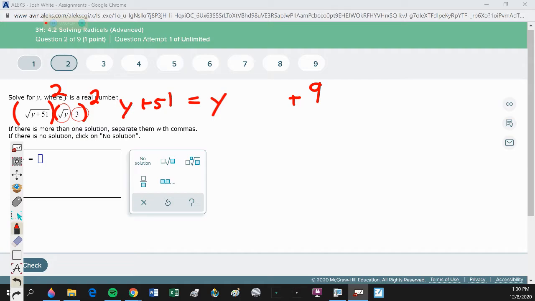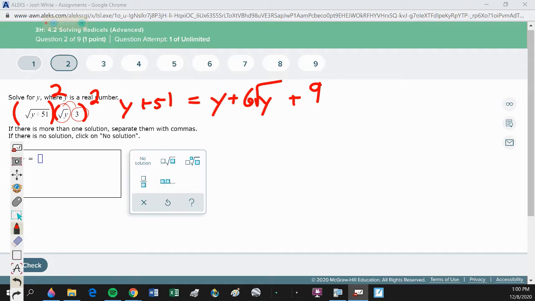What happens in the middle? It's this times 2. So the square root of y times 3, which is 3 square roots of y, times 2, is plus 6 root y. Does anybody not understand that?